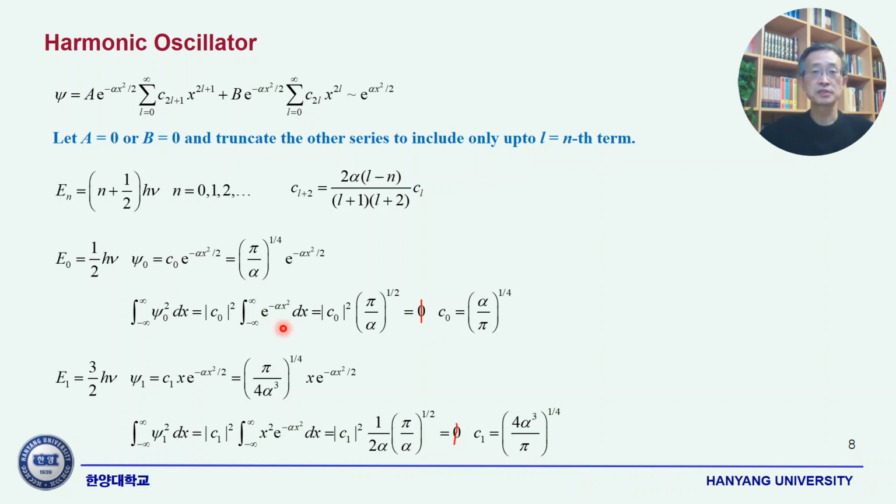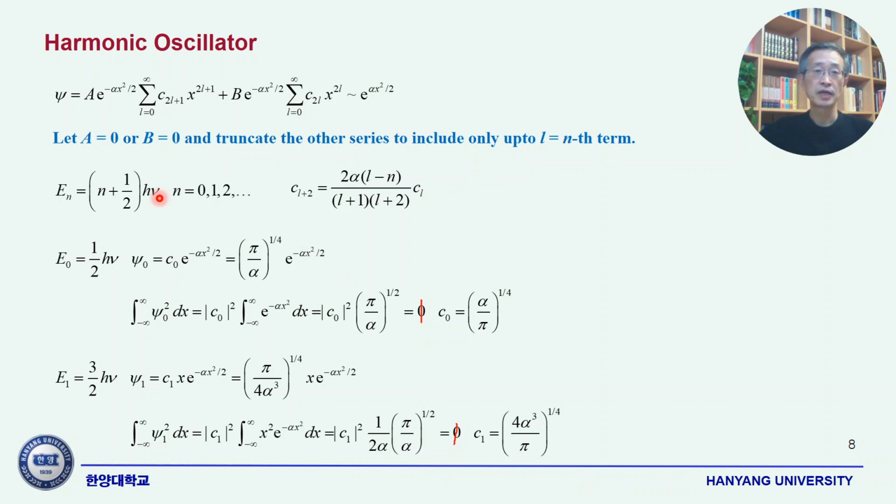So this is the square root of pi over alpha, and that equals 1. Then C0 is the square root of alpha over pi to the 1/4 power, because that's a square and that is a square root. So you have C0, you put C0 here, and this is your psi 0. You solve it just as you solve the Schrodinger equation.